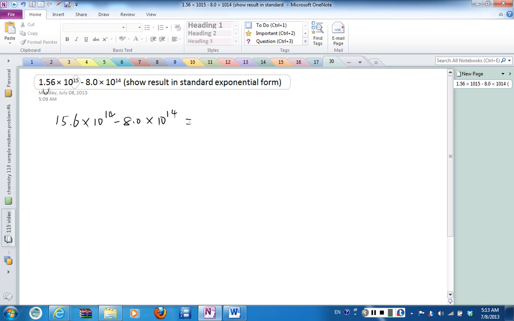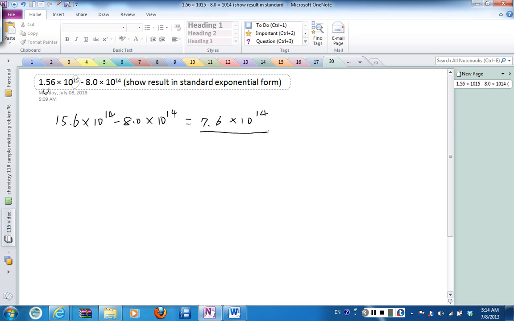Lucky for us, both of them have one decimal place, so my final answer will have one decimal place as well. 15.6 minus 8.0 equals 7.6, and then copy the 10 to the 14th. Now that would be the answer.